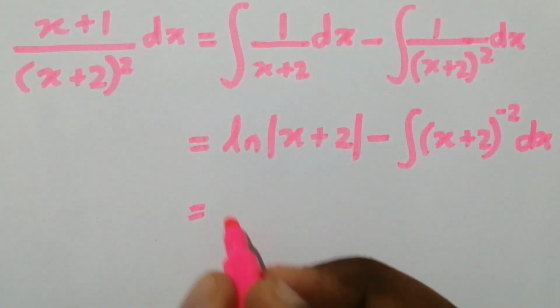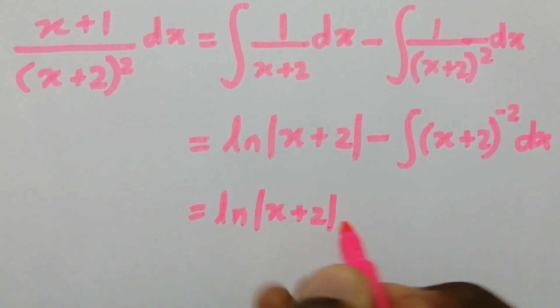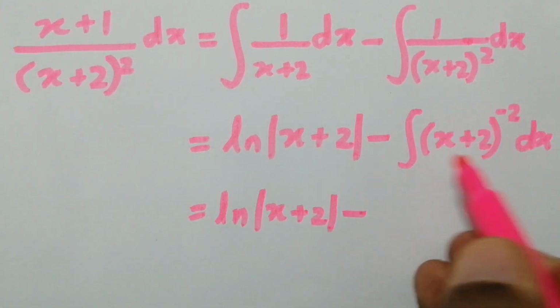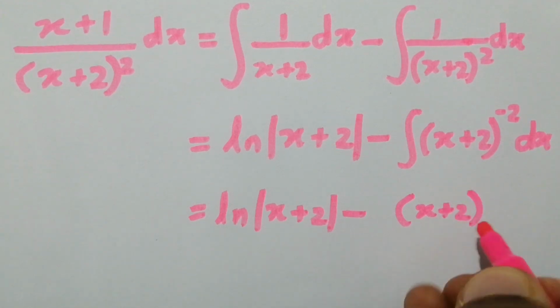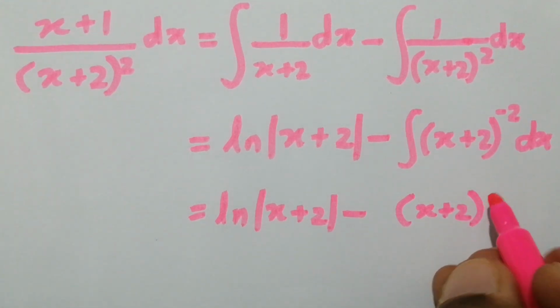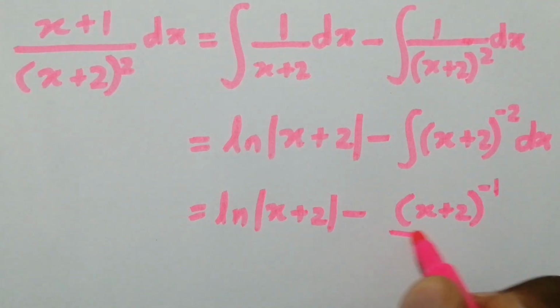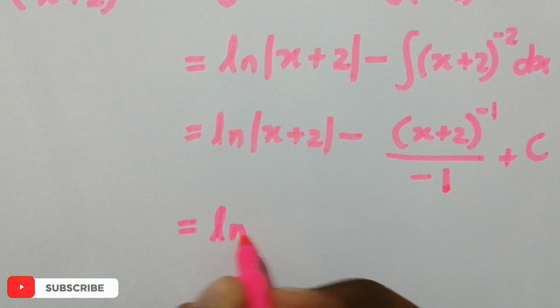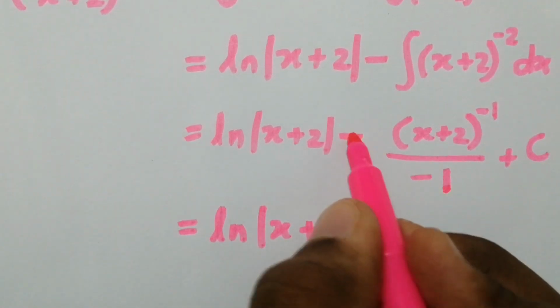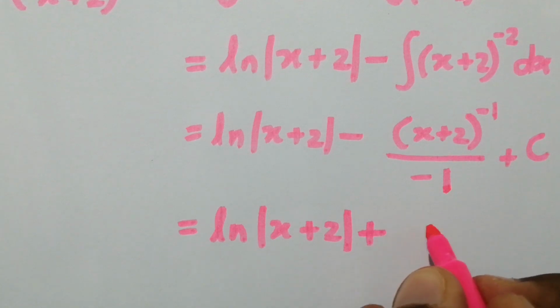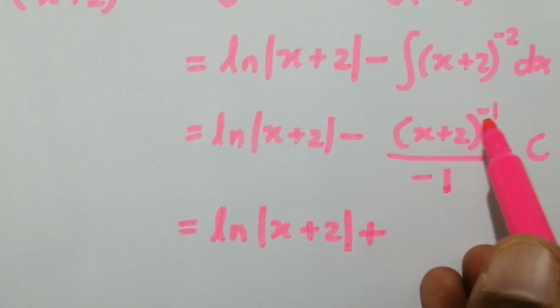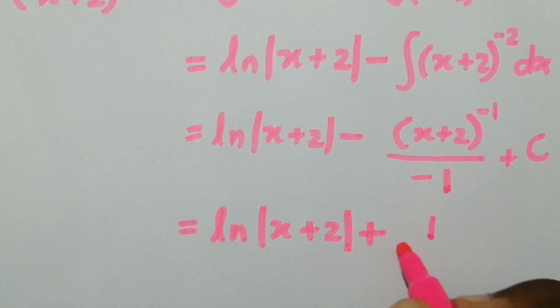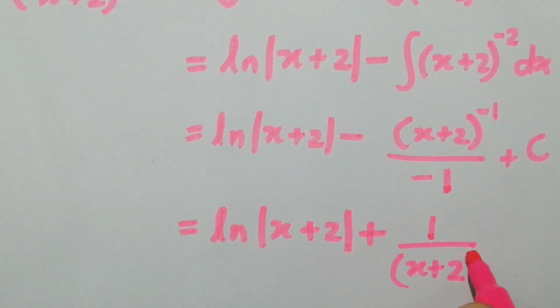Then here it is ln |x plus 2| minus the integral of this one, (x plus 2) to the power minus 2 plus 1, it is minus 1, upon minus 1, plus C, where C is an arbitrary constant. Then if I simplify this, it is ln |x plus 2|, minus times minus, it is plus. Then here this is in the negative power, then I can make it positive, 1 upon x plus 2, plus C, where C is an arbitrary constant.